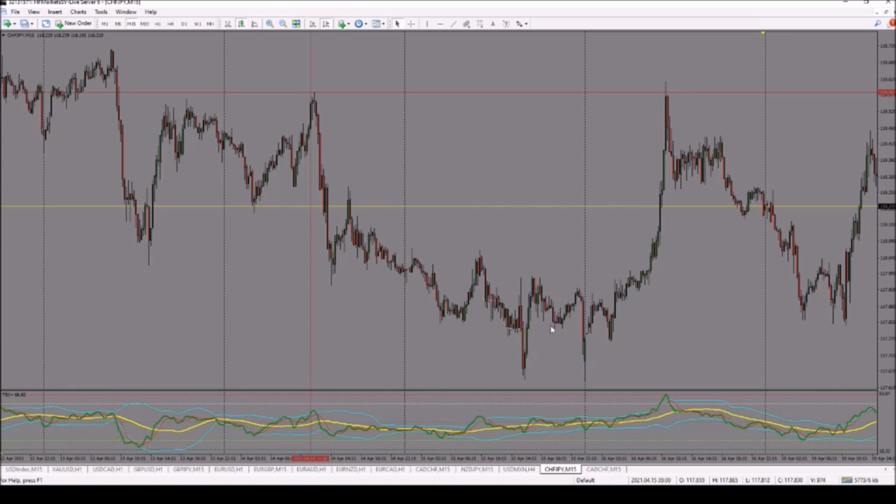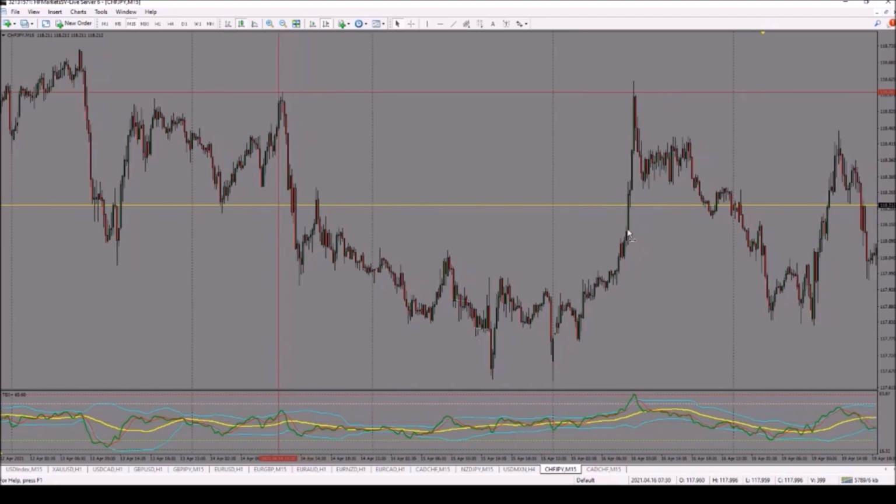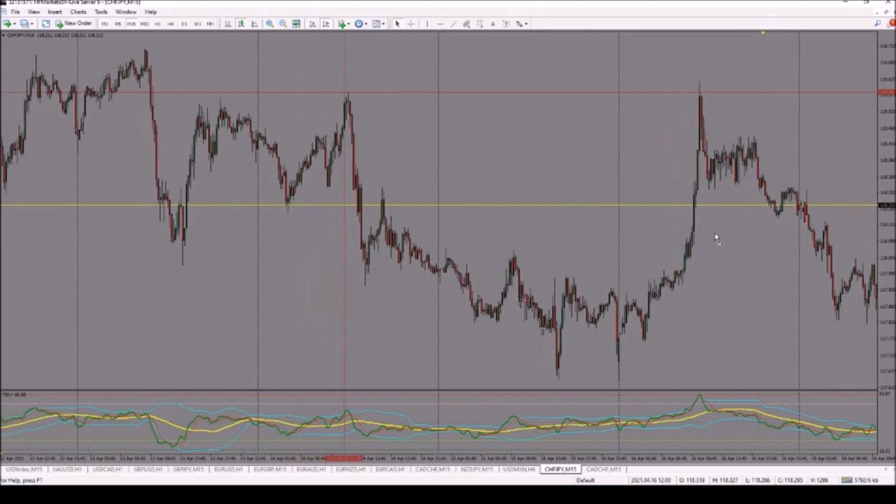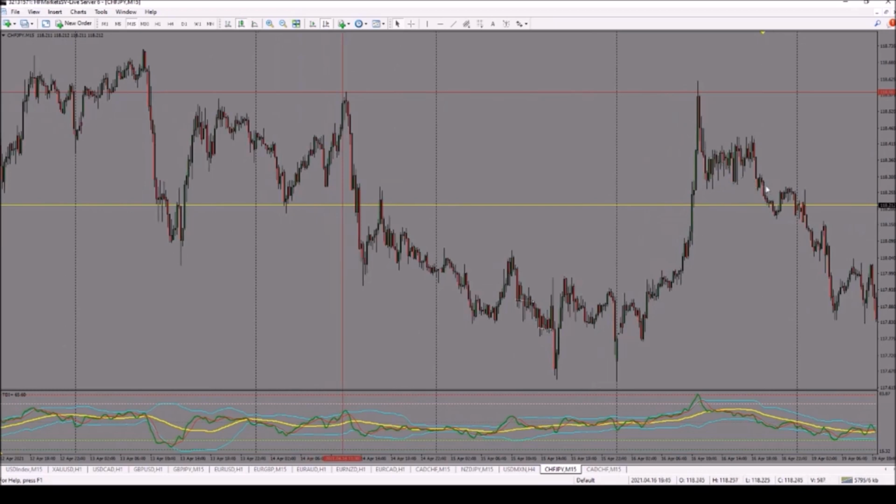However, the market did not give us those A, B, C moves. Therefore, we could enjoy this low, but we could not find the high of this day due to the lack of the A, B, C waves. Then after that, as you can see, this day passed.